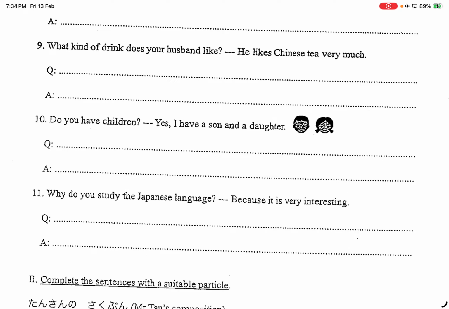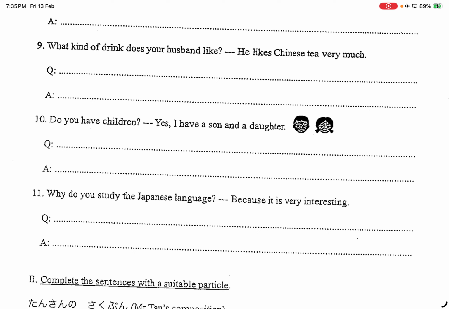Uchi is house, right? Uchi no oto-san. That means the father of the household, which is a more casual way to refer to your husband. It's like the father figure. This is what people say nowadays. It's very position neutral.